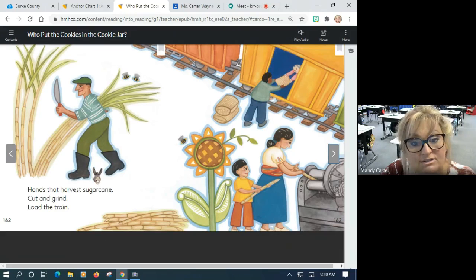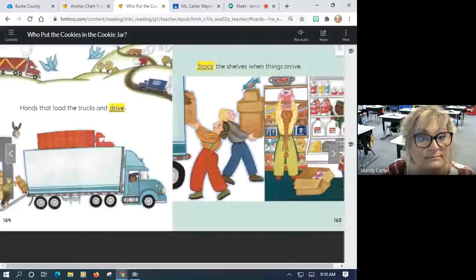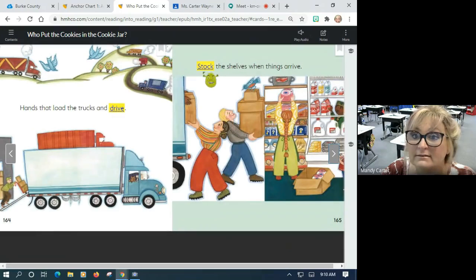Hands that harvest sugar cane, cut and grind, load the train. Hands that load the trucks and drive, stock the shelves when things arrive.